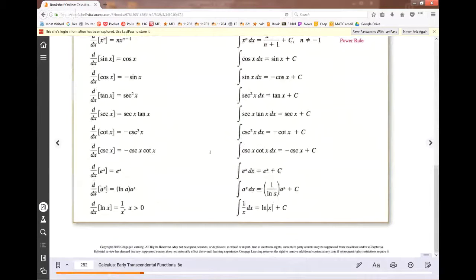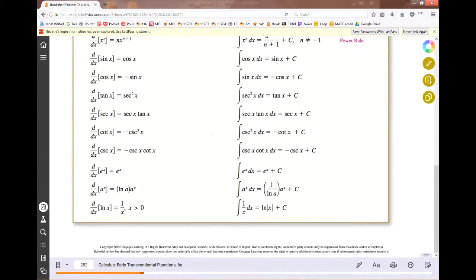So, David, the one you really need to spot is, I can't write on the screen, but it's this one where my cursor is, the second last one on the bottom right. The integral of a to the x. You see that? That's probably what you need the reminder on.